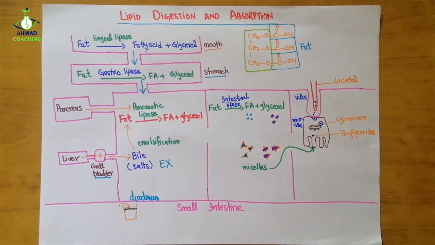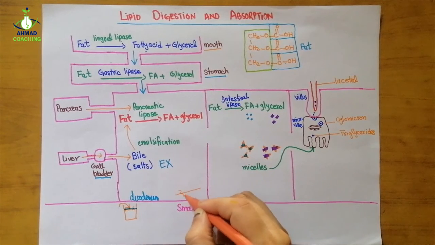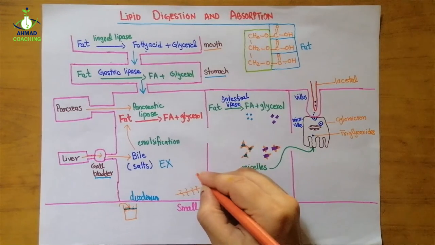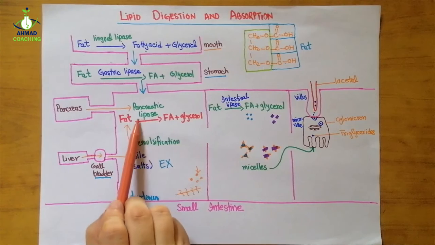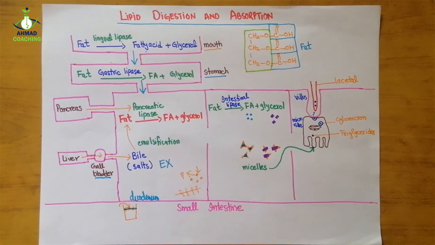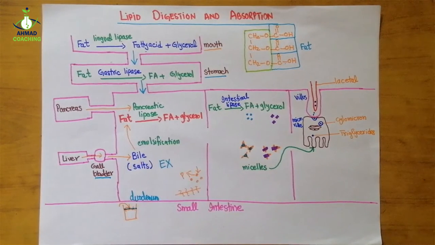This is the process of emulsification, to disrupt the continuous layer of lipid. When the layer of lipid is disrupted, we will have small fat molecules, and it will be easy for the lipase enzyme to act on them and convert them into the product. So bile just helps in the emulsification process.